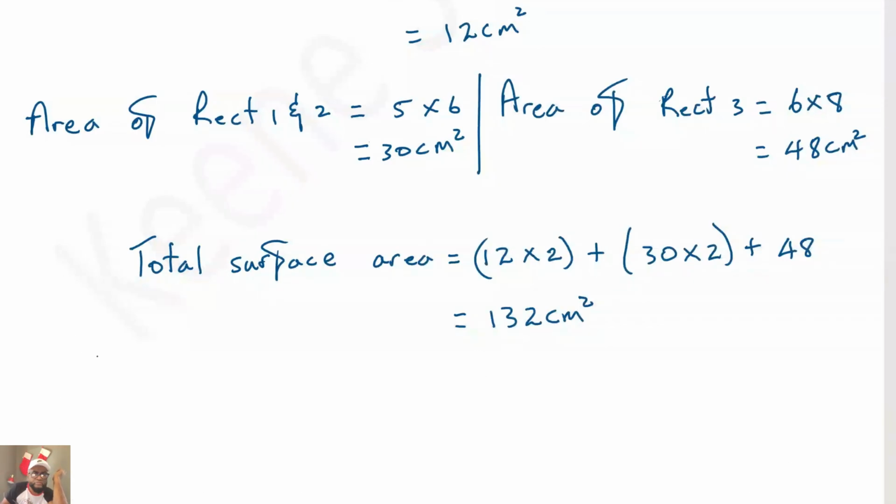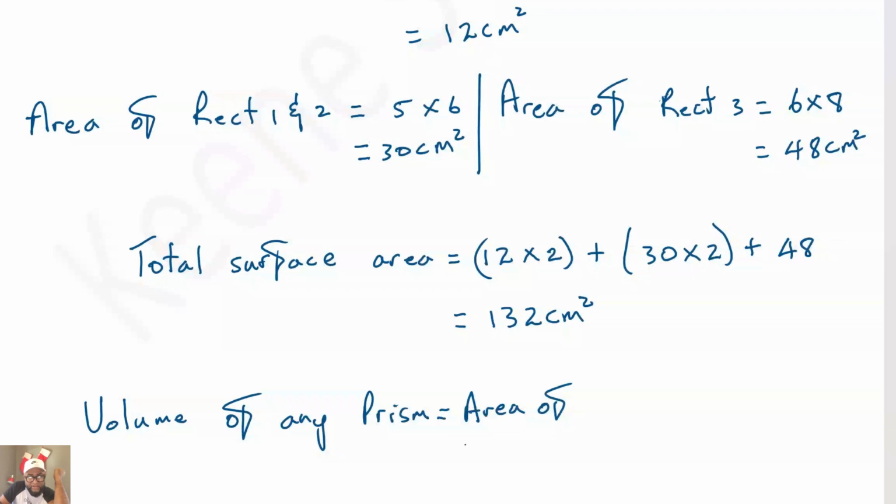Now we move to volume. Volume of any prism, right? Write this out for me. Area of cross section multiplied by what?